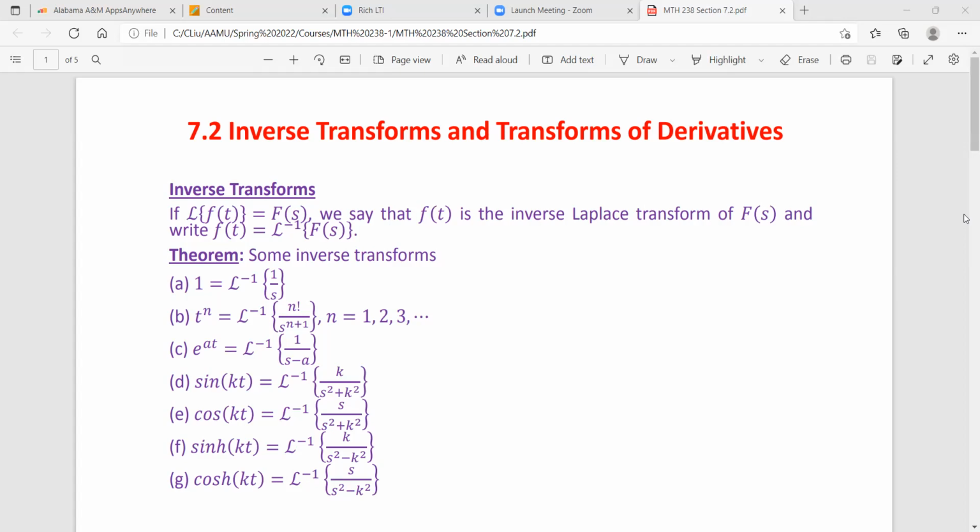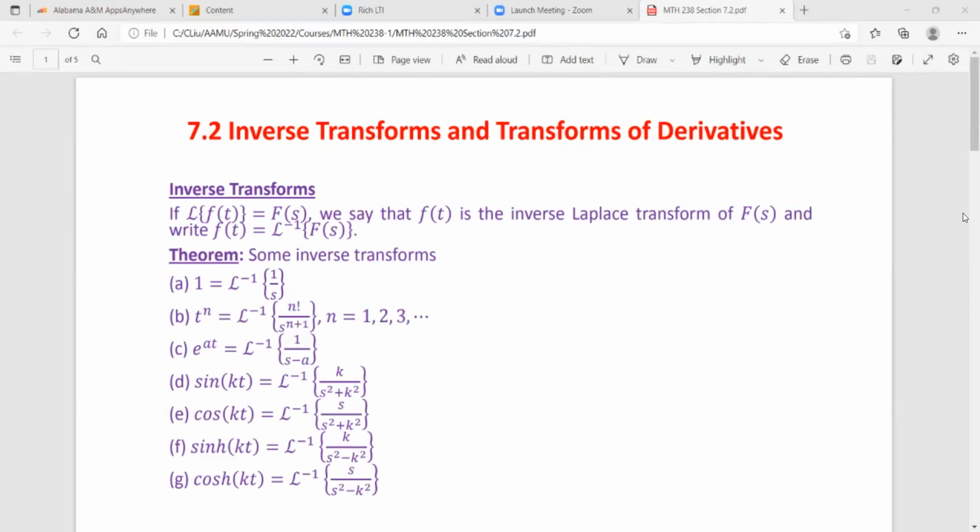This is exactly what we did with antiderivatives. The theorem on this page tells us some inverse transforms based on the Laplace transforms of the simple functions we discussed in the last section.